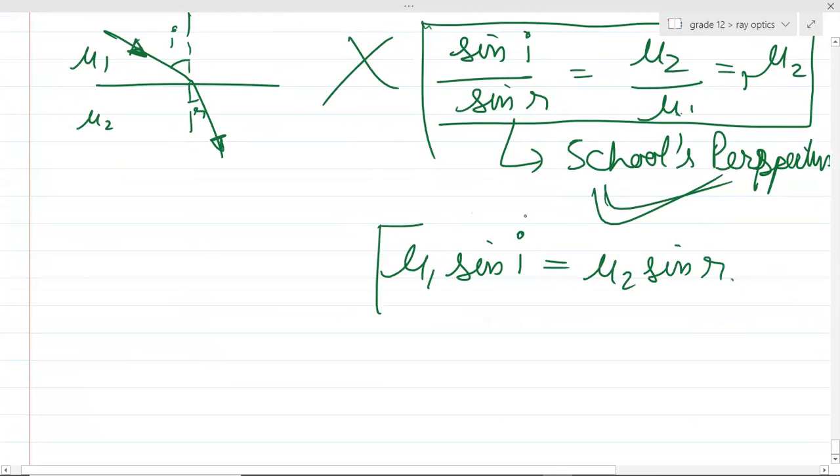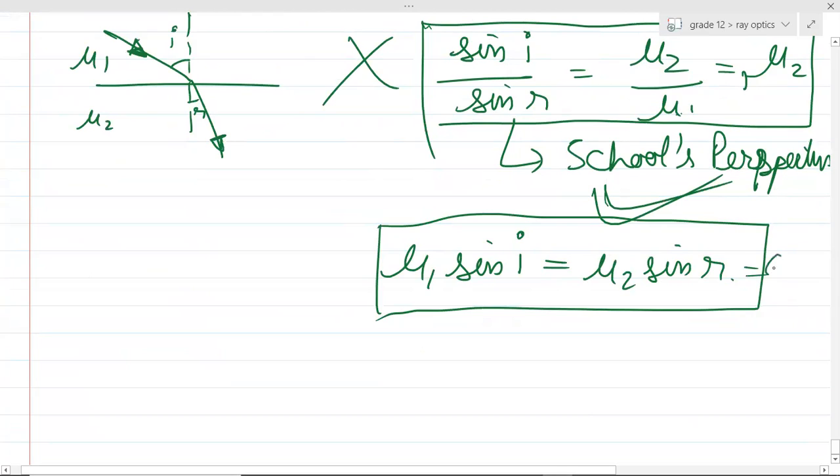Can I write it like this, guys? And can you see this is constant?